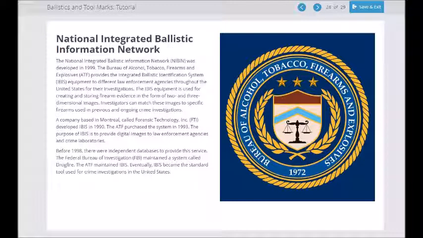So all the data that's collected on, say, the bullet and all the striations on the bullet or the casing or the gun itself, every time there's a crime committed, all of this data is uploaded. What's nice about it is that it gives an investigator the ability to say, maybe we don't know what gun this came from, but we do know that this exact same gun was used in that crime over there two weeks ago, two months ago, two years ago.